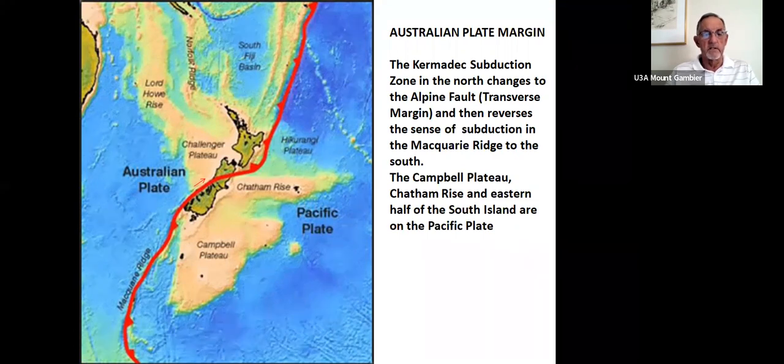The red line demonstrates very clearly the proposed subduction north of North Island to the west, Macquarie Ridge in the south. There's a little bit more abduction actually at Macquarie Island, rather reminiscent of what's occurred in the Northland region. There is a block of the Macquarie Island which has suffered abduction in the past.